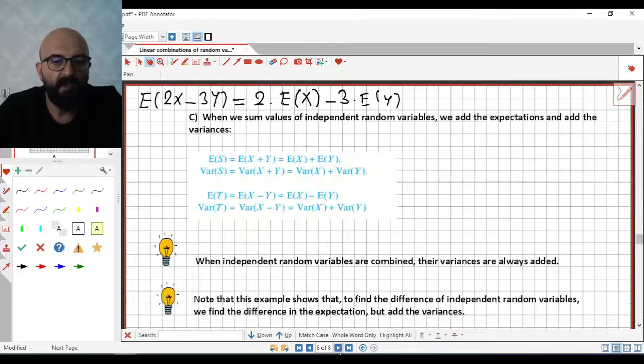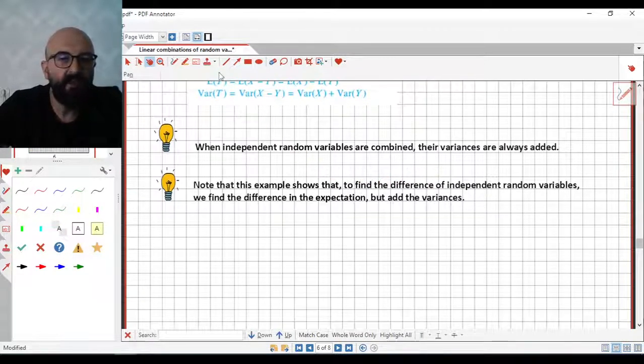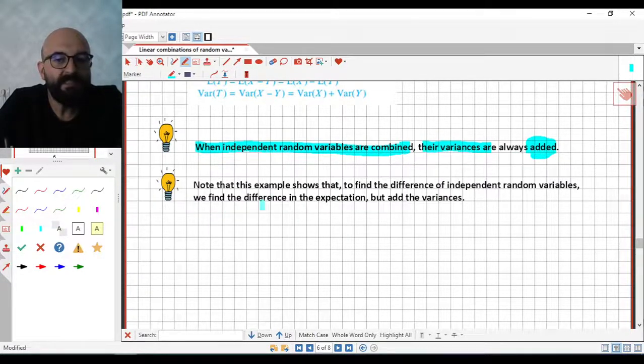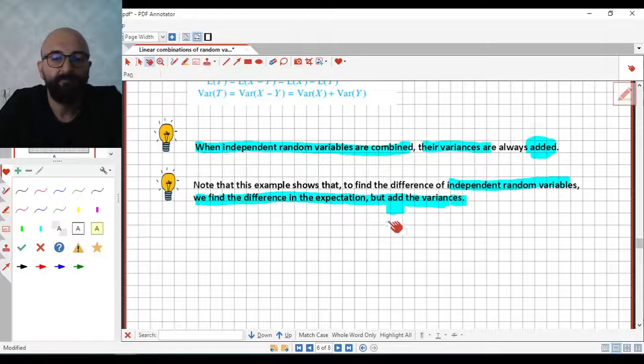And now our result: when independent random variables are combined, their variances are always added. Note that this example shows that to find the difference of independent random variables, we find the difference in expectation, but we add the variance.